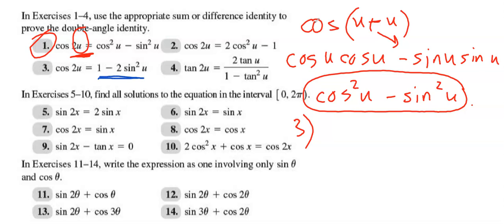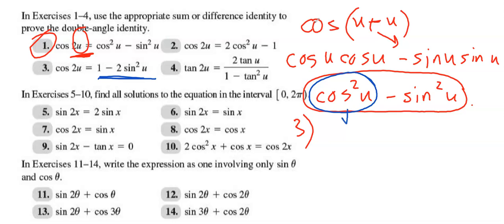But notice that they want my answer to only have sine squareds in it. So what are you going to replace this with? Don't go back to the power reducing formula. Let's make it all sine squareds. So let's think easier than that. Go back to your Pythagorean identity. Remember that cosine squared plus sine squared equals 1?